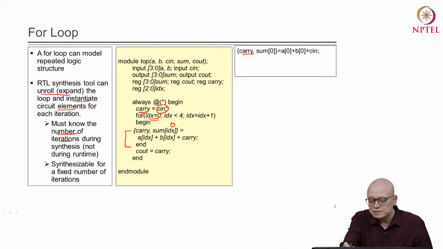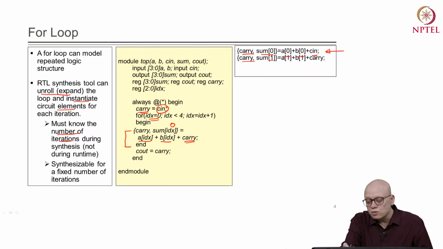So, carry and sum 0 is assigned a value a idx, which is a0, plus b0, plus carry, whose initial value is Cn. So, in the first iteration, this is the RTL construct formed after unrolling, and then the index is increased to 1.